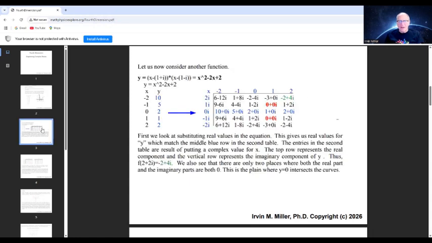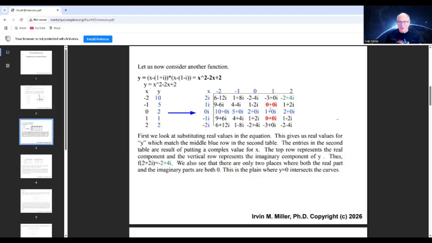Well, suppose you put complex numbers in. Well, if we start with a complex x-axis and a real axis and put in these complex numbers, minus 2 plus 2i, or 0 plus 1i, etc., or minus 1i, we begin to see these complex numbers come out for y. And one of the things we notice is when i is 0 in this set, we get the curve that we saw before.